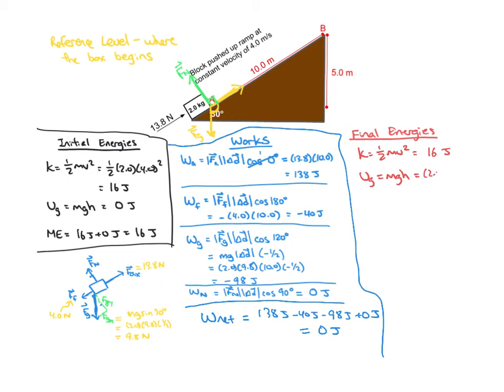So the mass is 2, the g is 9.8, the height is 5 meters. So 2 times 5 is 10, 10 times 9.8 is 98 joules. Okay, so now my new total mechanical energy is 16 plus 98. That'll be 114 joules.